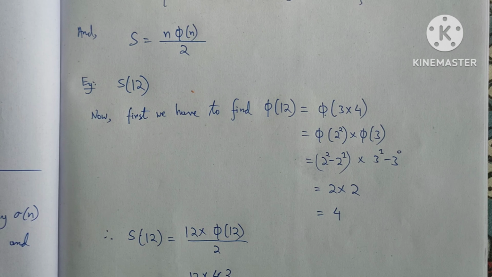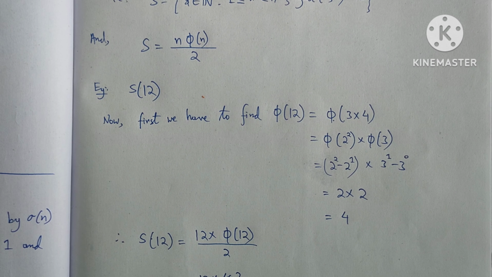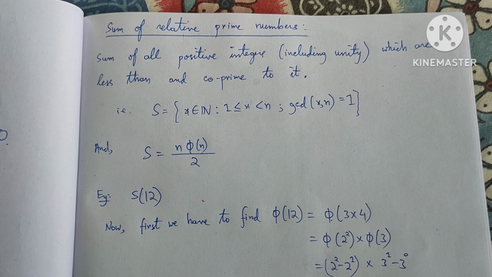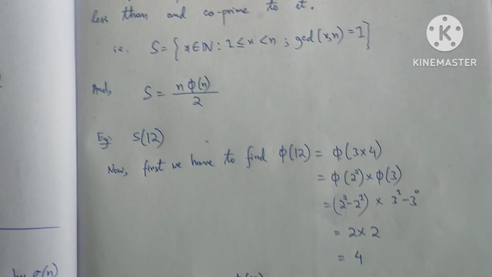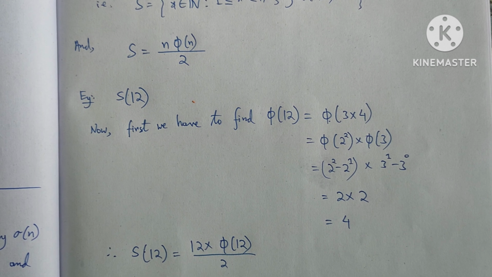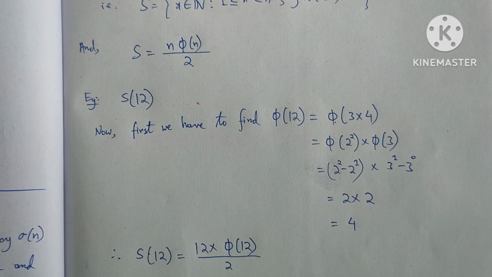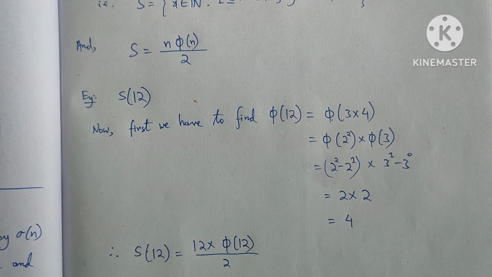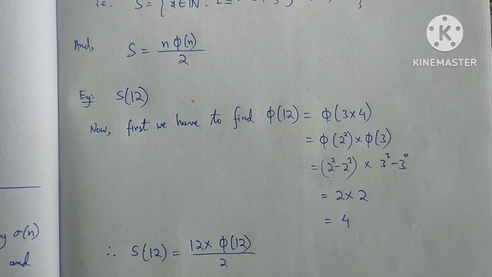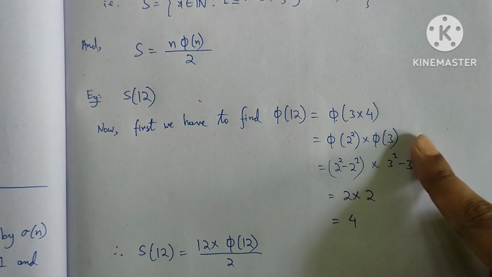Here I have taken the example of the number 12. How to find the sum of relative prime numbers of 12? First we have to find phi 12, which is Euler's phi function of 12. If you have not seen the previous video, I am just repeating it again. How is this formula coming?